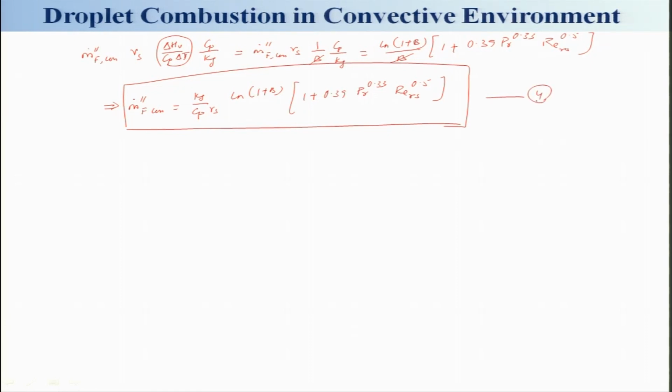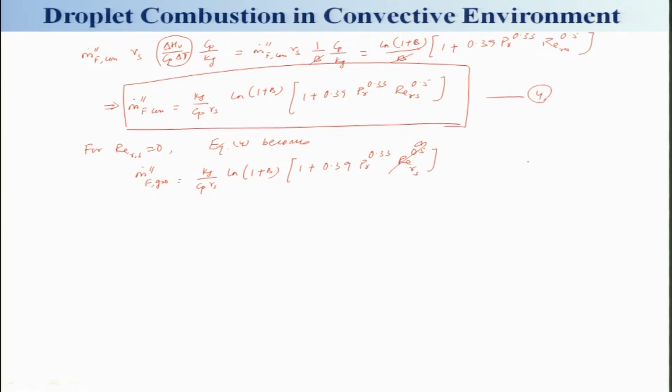Now, if Reynolds number is 0, that means it is basically a quiescent atmosphere, zero G, then for Re Rs equal to 0, equation 4 becomes m dot F at G equal to 0 is Kg by Cp Rs ln 1 plus B, 1 plus 0.39 Prandtl number 0.33, Re Rs 0.5.